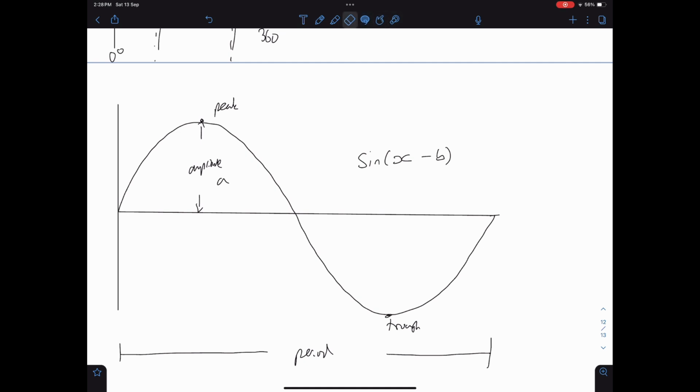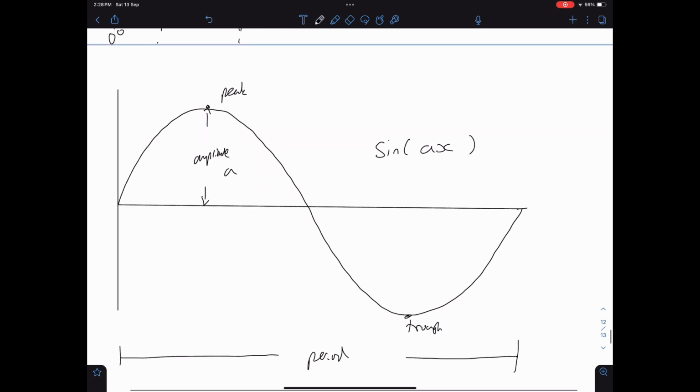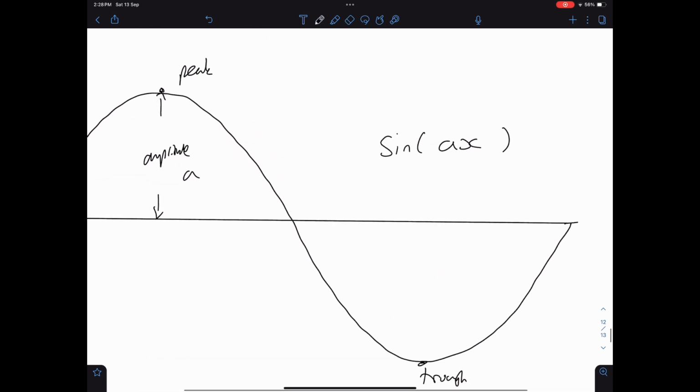And then if you did a multiplication of that x, you would squish the function. And a way that I try to think of it is, multiplying x by a number tells you almost a frequency of the sine wave.